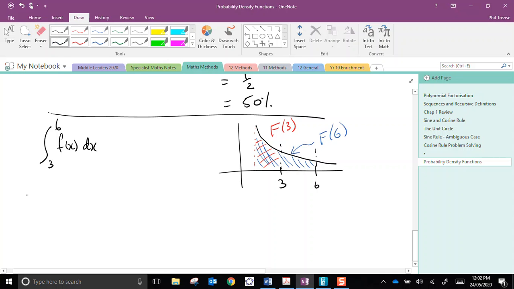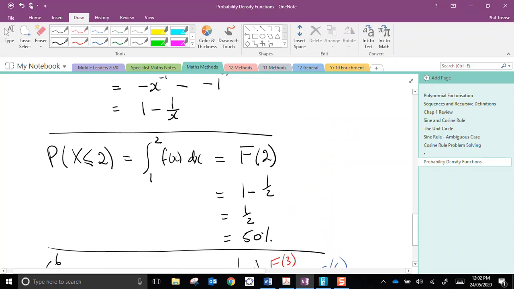So wouldn't I be finding it easier if I wanted to have the probability between 3 and 6? I would take the primitive function of 6 and subtract the primitive function of 3.